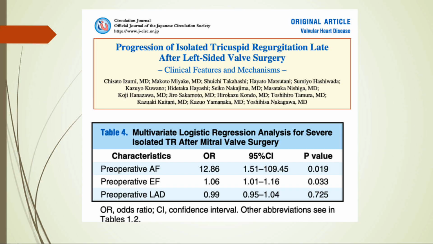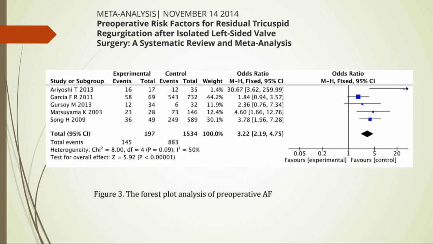In the second paper, preoperative atrial fibrillation at the time of left-sided surgery brings an odds ratio of 12.8 for progression of tricuspid regurgitation. And the last meta-analysis, with 5 different papers, shows that there's no question that preoperative atrial fibrillation brings a high risk of worsening tricuspid function.